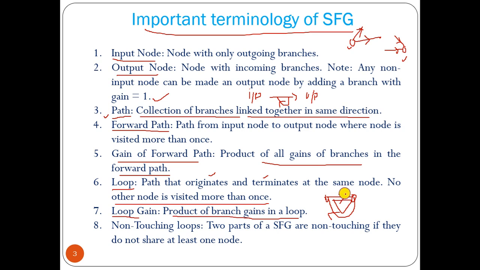If we have gain s here and gain a here, then the loop gain will be a into s. So that branch value is the gain that we have to multiply. Now, non-touching loops: in a signal flow graph, if two loops are non-touching with each other, then it is called a non-touching loop.